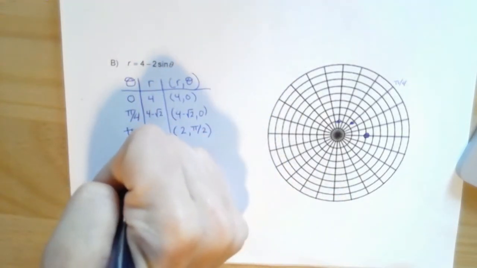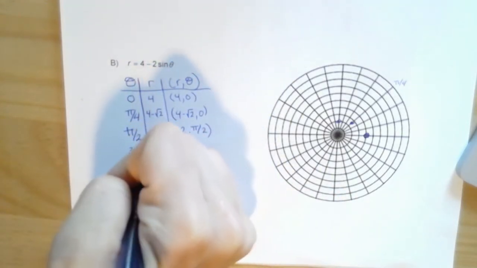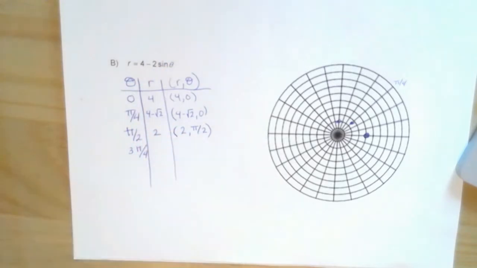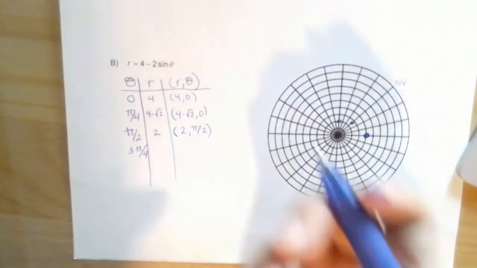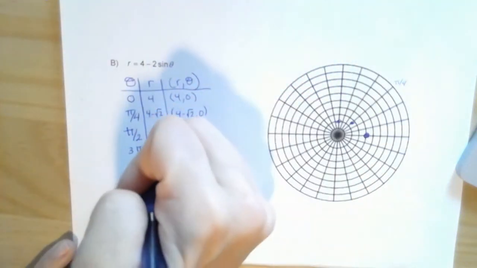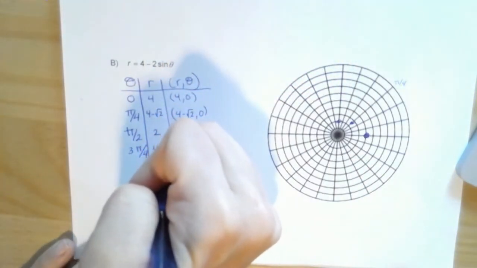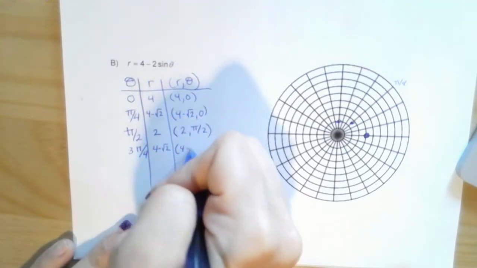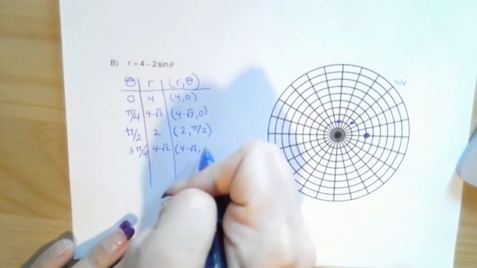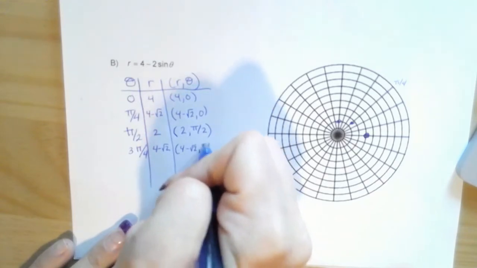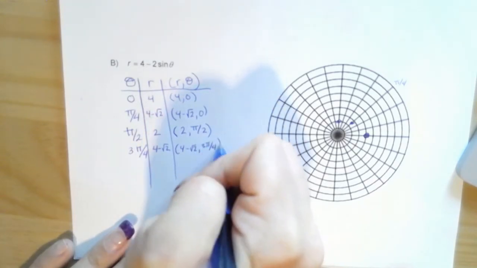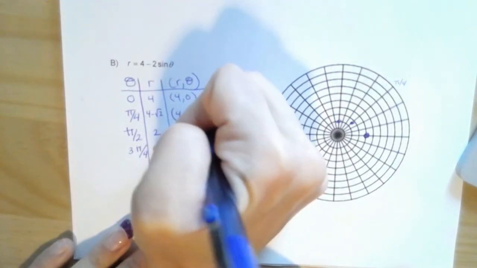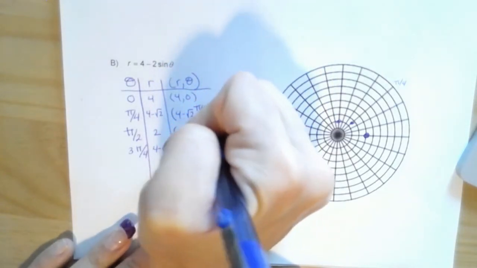Alright, next we have 3 pi over 4. Well, sine of 3 pi over 4 is square root of 2 over 2. So we find out that this is 4 minus square root of 2 over 2. And I just noticed for that coordinate, I put 0 again instead of pi over 4.